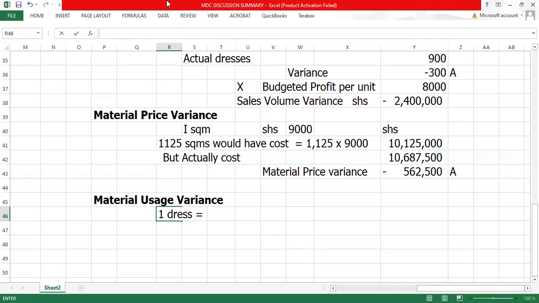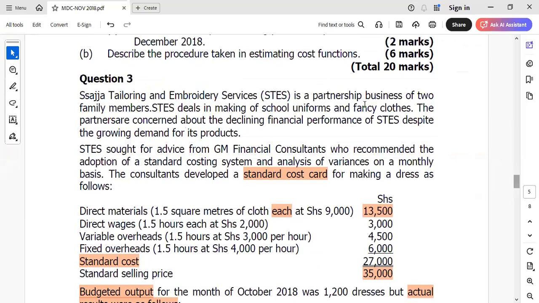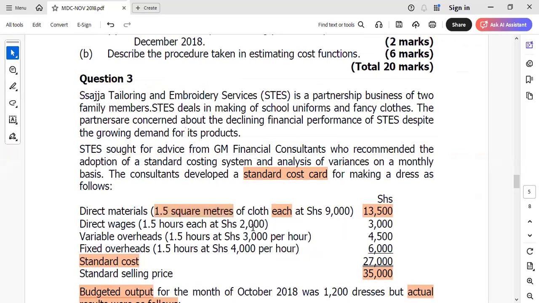This is the way you should explain to your board, because those guys don't want to hear the formulas. You need to look for ways to explain these things to them. We are making dresses. For us to make one dress, we need 1.5 square meters according to our budget.